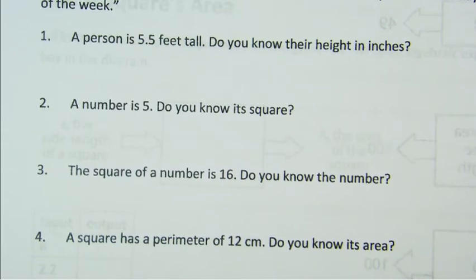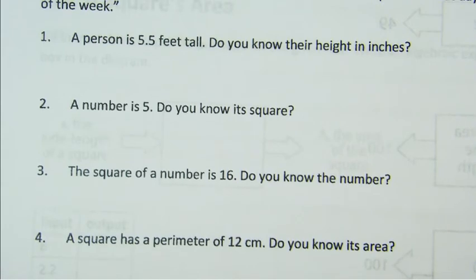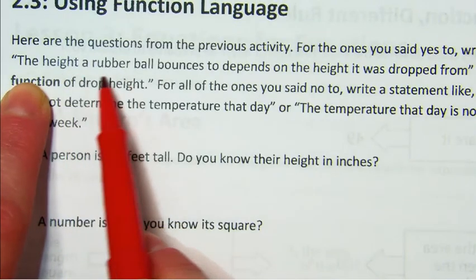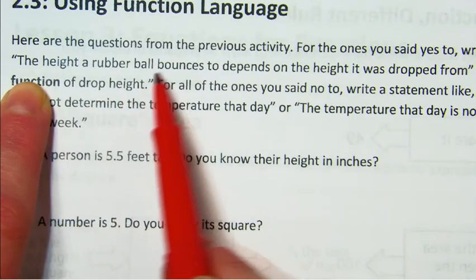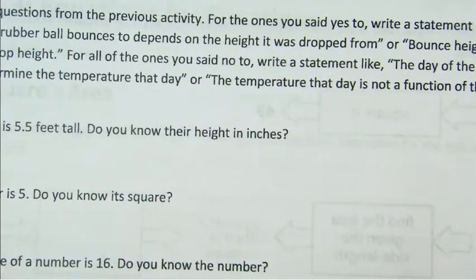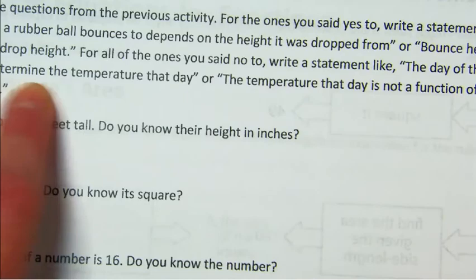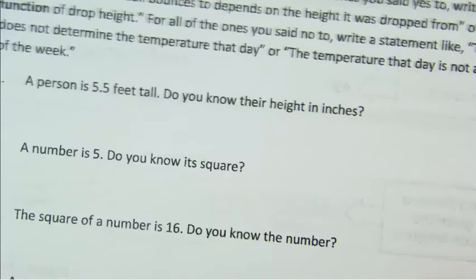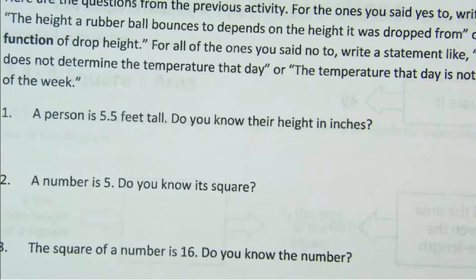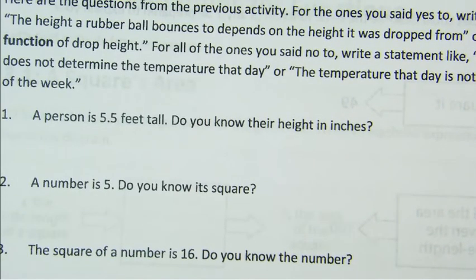Okay, but what we want to start looking at is, if you look at the examples that they have written, it says, like on the second line, the height a rubber ball bounces depends on the height it was dropped from. The day of the week does not determine the temperature that day. So there are situations where we want to write how something depends on something else, or what determines something else, okay? Because that's going to help us to decide what's a function or not.